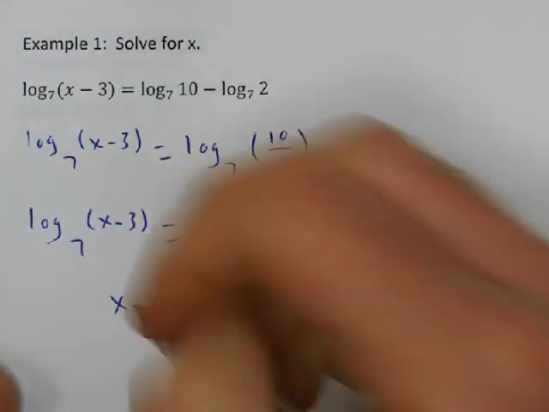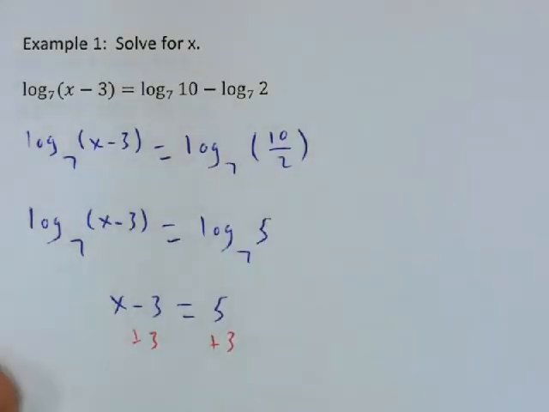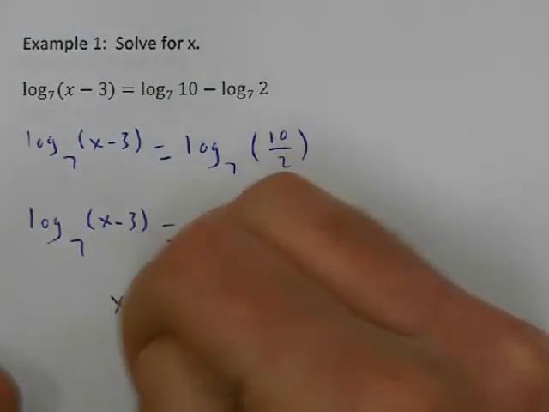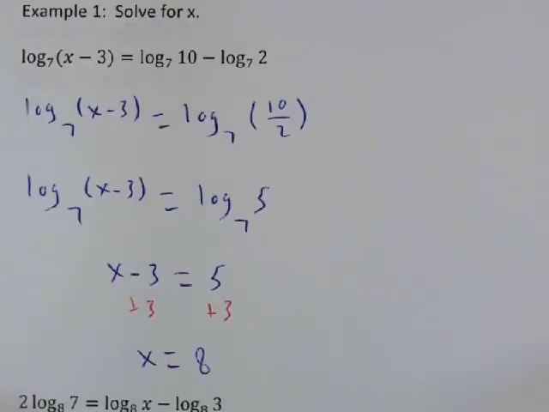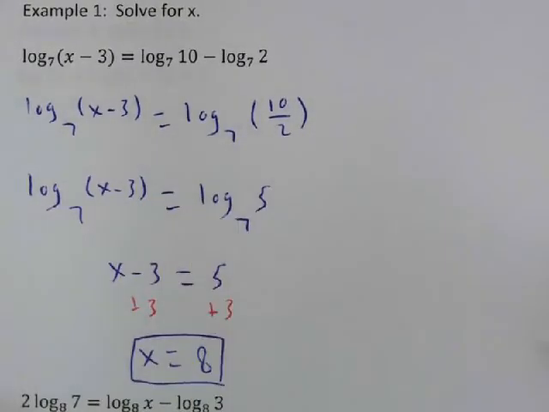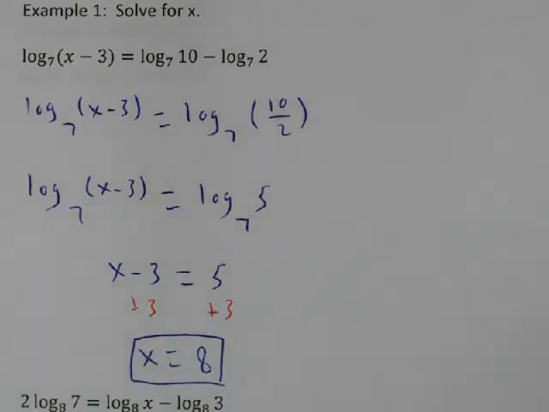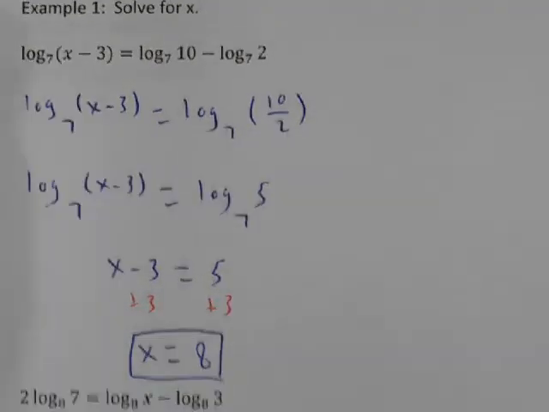And then if we just add 3 to both sides, we get x equals 8. And that's our answer. Again, nothing really new here. We just have to get our equation looking how we want it, which usually means we're going to combine some log statements. All right, let's go right ahead to the next one.